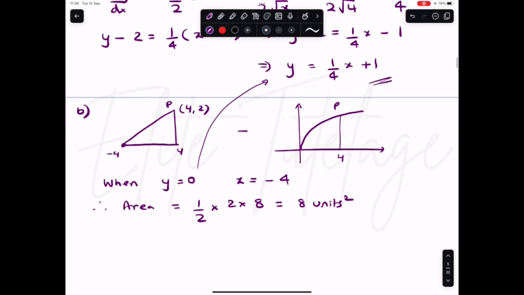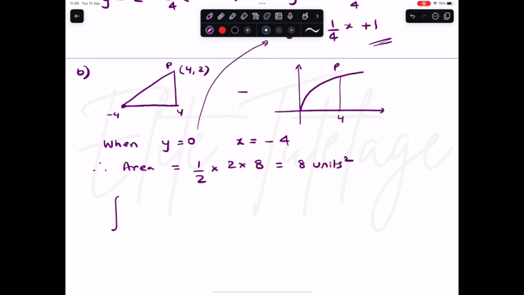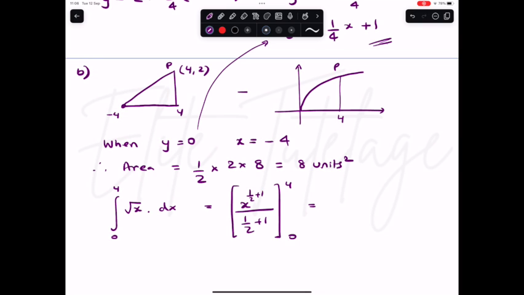Now let's integrate for the area under the curve between 0 and 4. Right, so remember to add 1 to the power, which is x to the power of 1 plus half, over the same. And then that is integrated between 4 and 0, and that turns out to be 2/3 x to the power of 3 over 2.